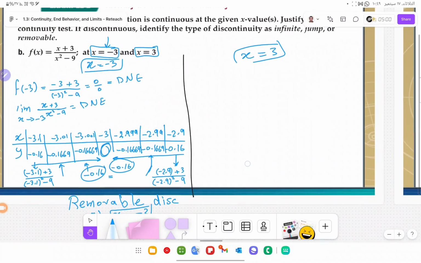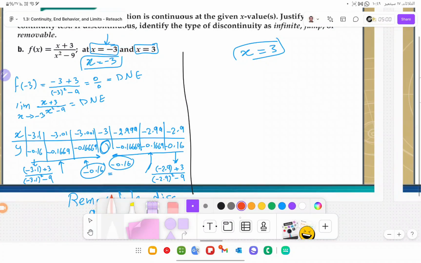Now let's do x equal 3. So let's do it fast. First let's replace it in the function. f of 3 equals 3 plus 3 over 3 squared minus 9. So it will be 6 over 0, which does not exist. So it does not exist means I have to make a table. So x and y.